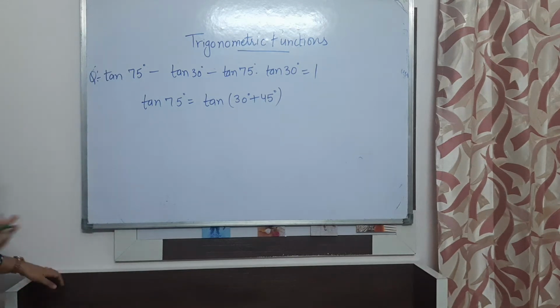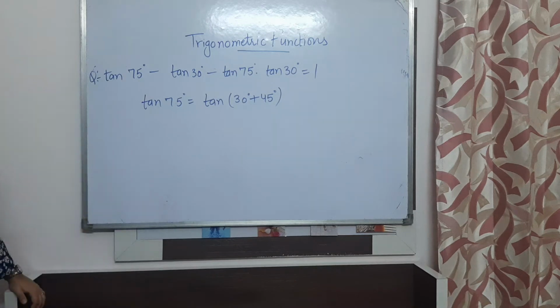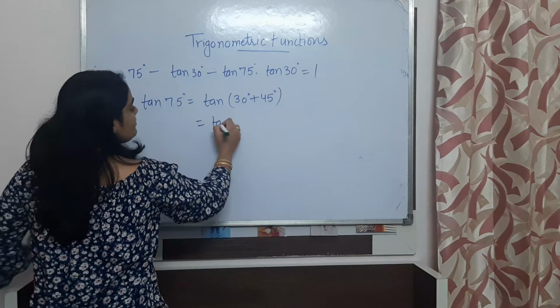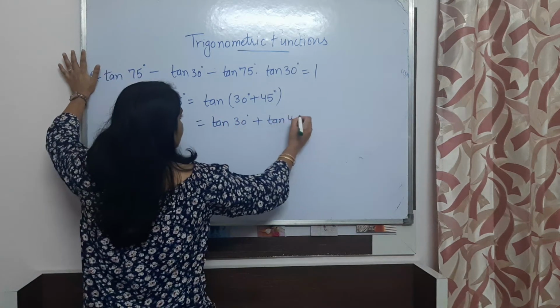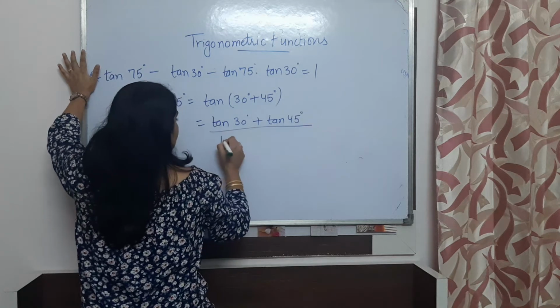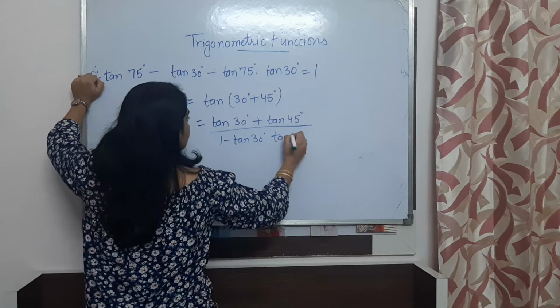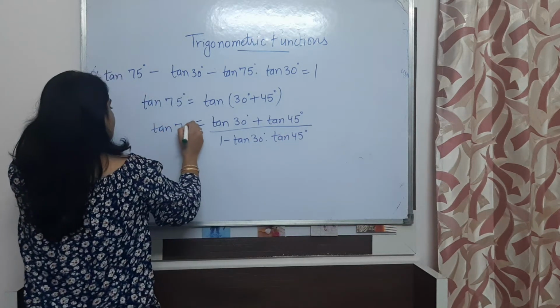Even though 45 was not available in the statement, I have taken it because it is only by adding 45 to 30 that we can get 75. So here the formula for tan of a plus b is applicable. It is tan a plus tan b over 1 minus tan a tan b, and here it is 75.